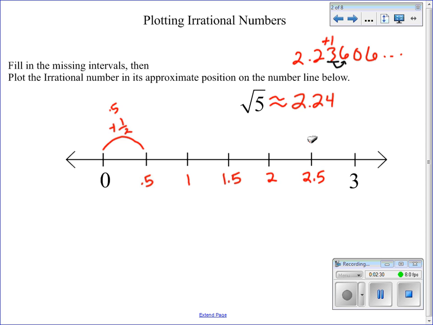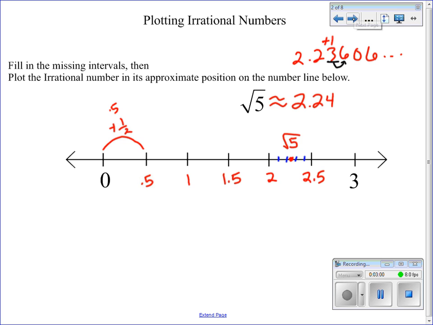And so as I start to dive in, I start to realize that if I made this 2.1, 2.2, 2.3, 2.4, then 2.5, 2.24 is going to be very close to the center there. So if I'm graphing it, it's actually going to be right as close to the center as possible, and it's always important to label it with the original. So we're going to label it with the square root of 5. And that's how we graph an irrational.